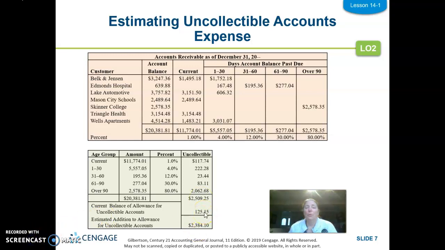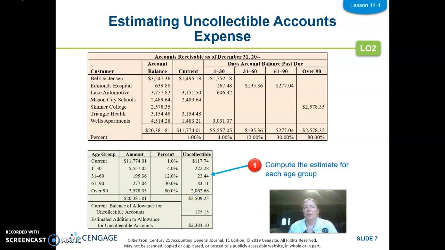And as I told you, that's a credit balance. So that's at a credit of $125. I need it to be a credit of $2509. So that means my adjustment that I need to make, my additional, is 2384.10.